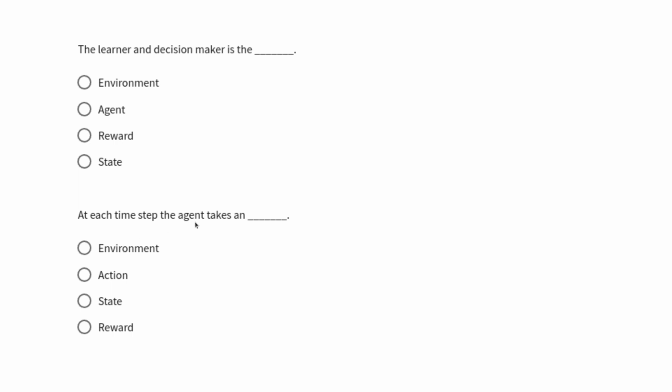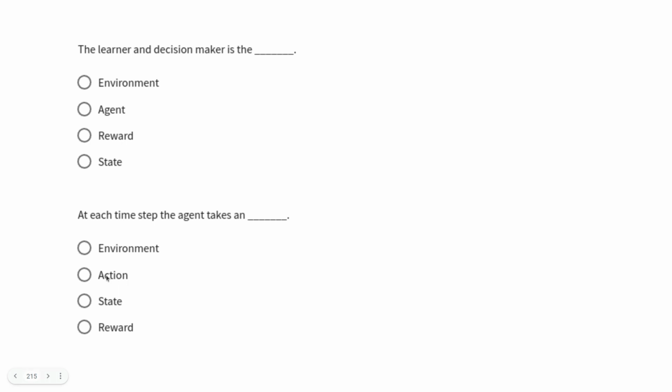At each time step, the agent takes... There was also a clue given in the previous next question, which involved the agent. So someone who doesn't know anything but has good contextual understanding can figure it out. At each time step, the agent takes what: environment, action, state, or reward? So just action. That's true.